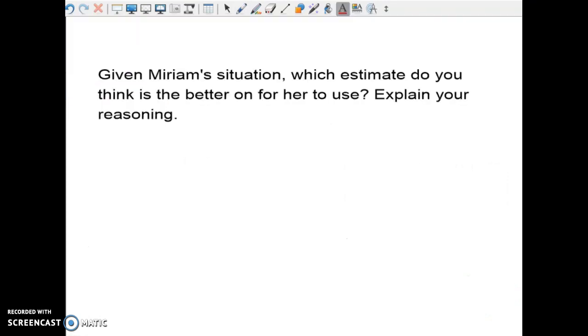So the question under the blue box is, given Miriam's situation, which estimate do you think is the better one for her to use? Explain your reasoning. I want you to talk with your math partner about this. So pause the video and then come back to it after you've discussed it.